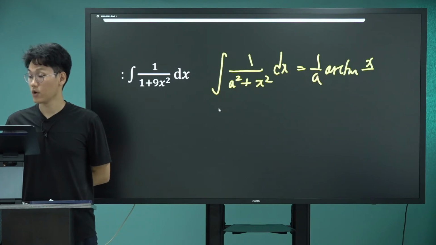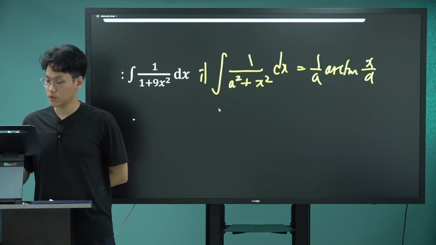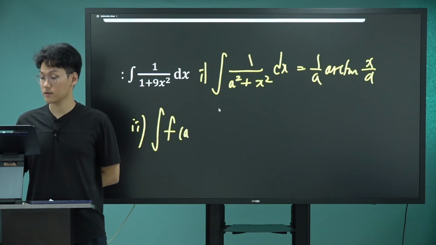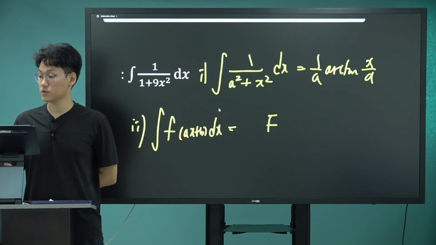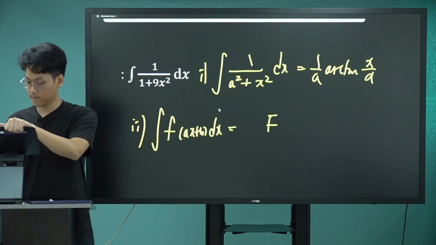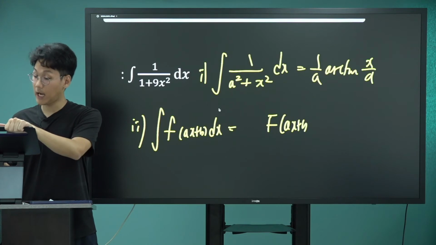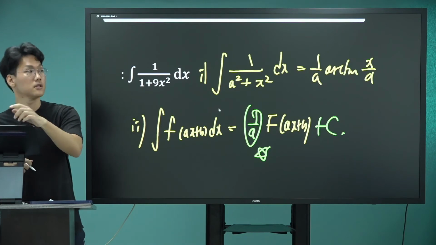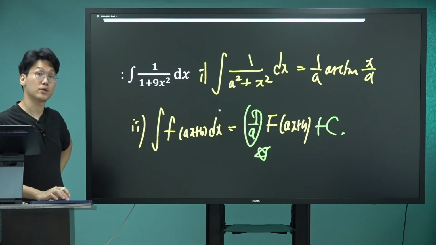However, there are also cases of the linear sub. If I know its antiderivative, it's going to be written as the capital letter F of ax plus b, right?